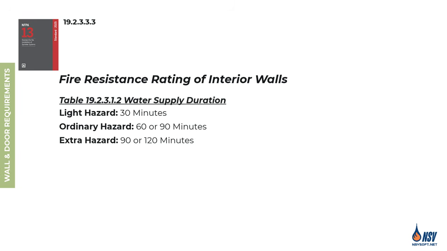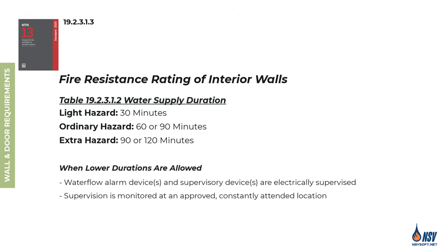For ordinary and extra hazard occupancies, the table lists 2 possible durations. Section 19.2.3.1.3 clarifies that the lower duration values in the table are permitted only when the sprinkler system's water flow alarm and supervisory equipment are electrically supervised, and that supervision is monitored at an approved, constantly attended location.